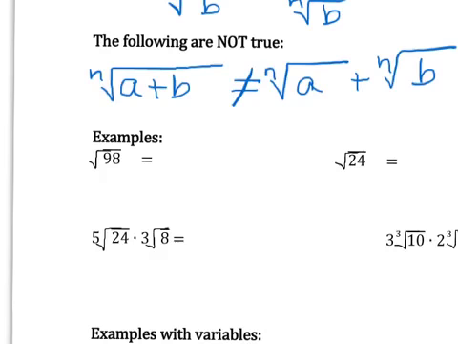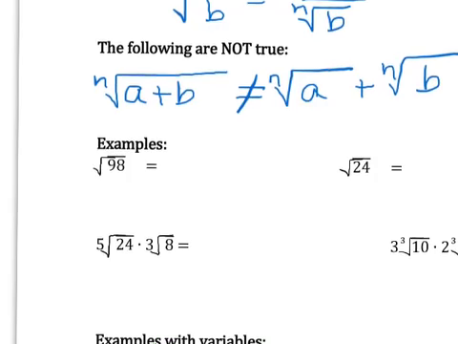When we're wanting to simplify a radical, such as the square root of 98, we're looking for a perfect square that will divide into 98. Let's look at a smaller number. 2 will go into 98 49 times. Now we have a perfect square.